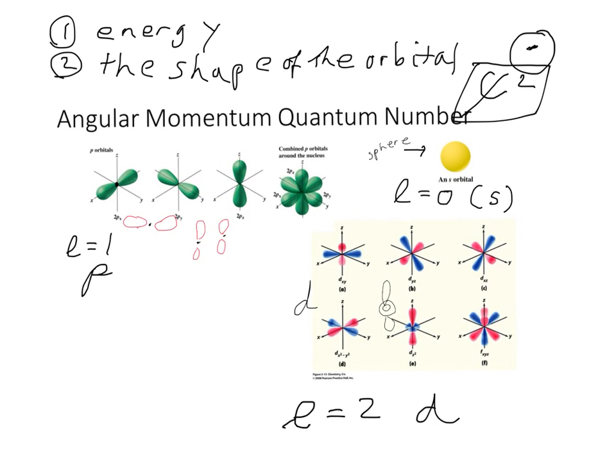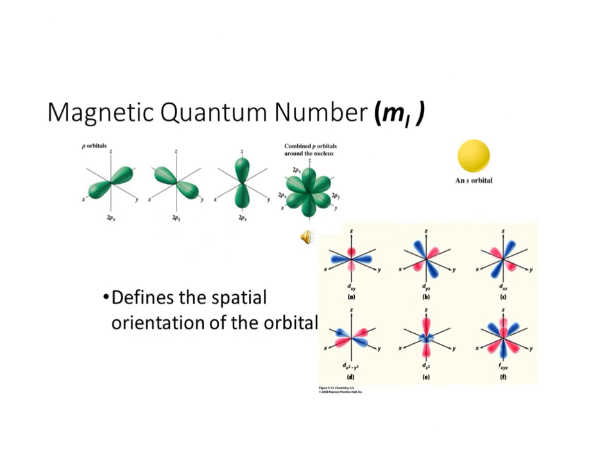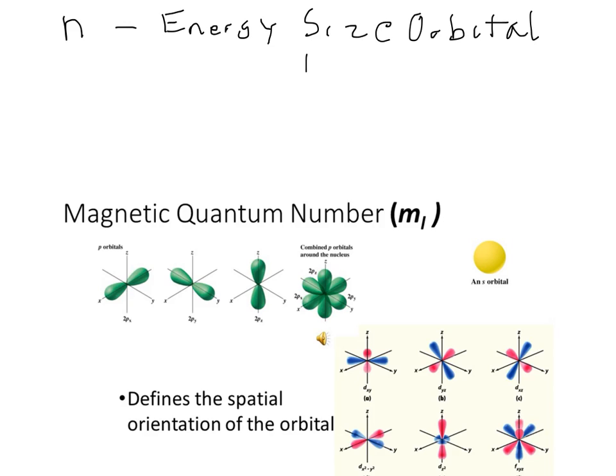So your angular momentum quantum number tells you the shape of the orbital and some more information about the energy of the electron in the orbital. All right, quick review. We've got our principal quantum number that tells us our energy level, tells us the size of the orbital, and tells us relative distance from the nucleus. Provides all that information about our orbitals.